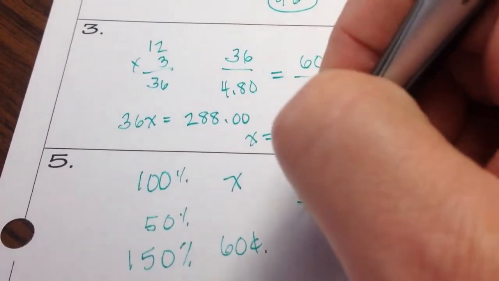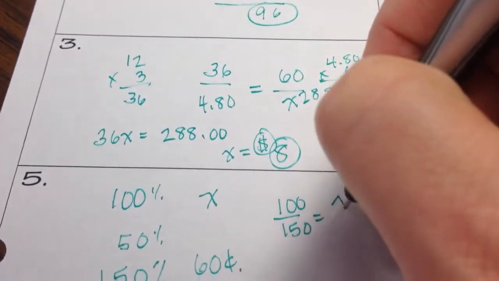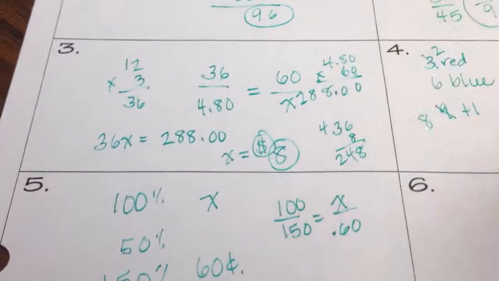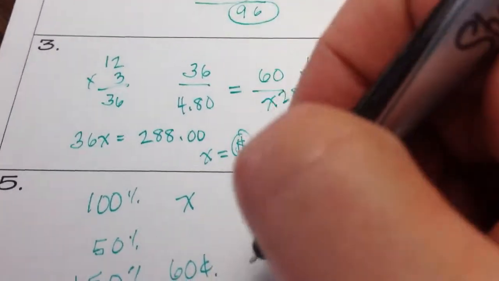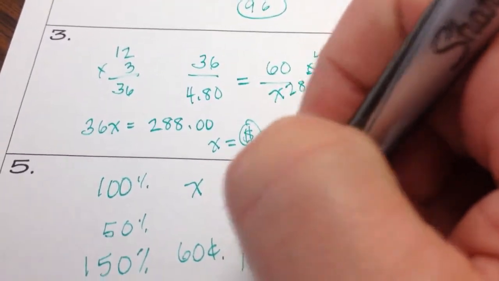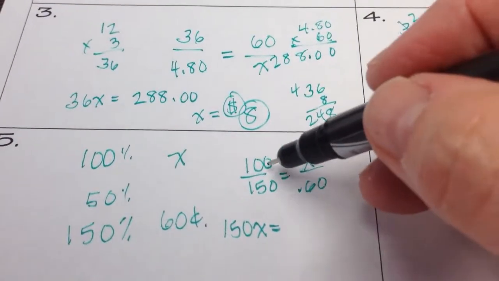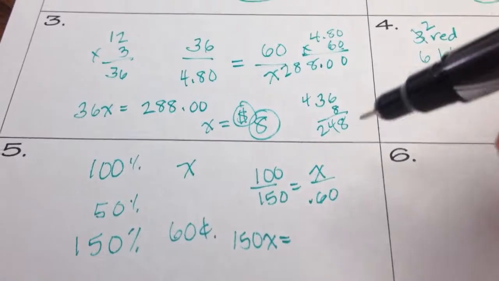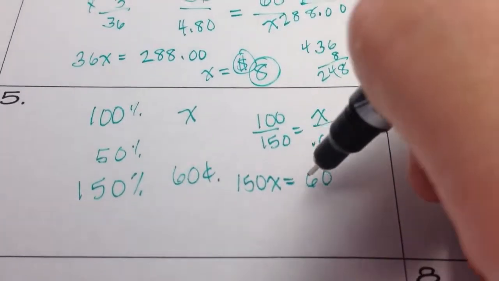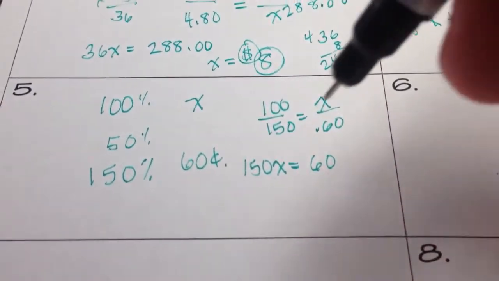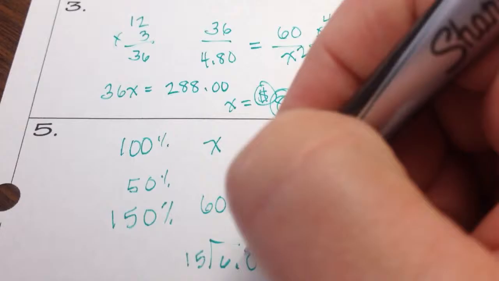So we have 100 over 150 equals x over 60. I'm putting 60 cents as .60. So I have 150x equals, well, what's 100 times 0.60? Would be 60. All right, so then I have to divide 150 into 60, but I'm going to do it this way. I'm going to divide 15 into 6. It's going to give me the same answer.